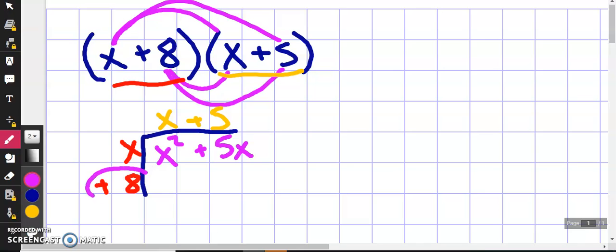Then I'm going to do the same thing, but instead of the x, I'm going to distribute the 8. So 8 and x multiply to 8x. And then positive 8 and positive 5 multiply to 40.